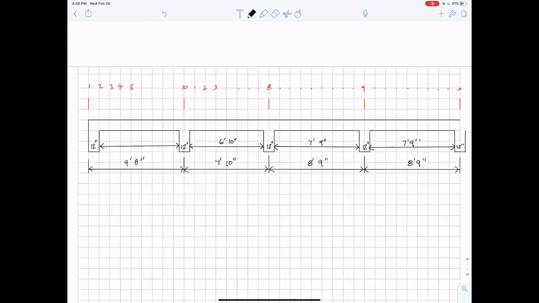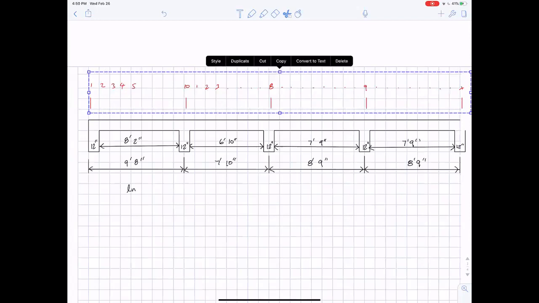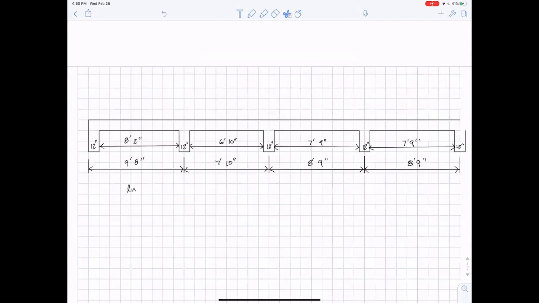So 1 foot 6 inches we're subtracting, which makes this 8 feet 2 inches. Those are Ln, and we are now ready to use the ACI approximate moments. I want to clean this up, delete my little construction lines. And there we go.